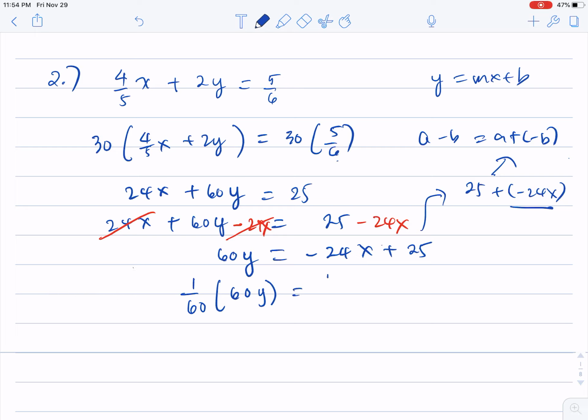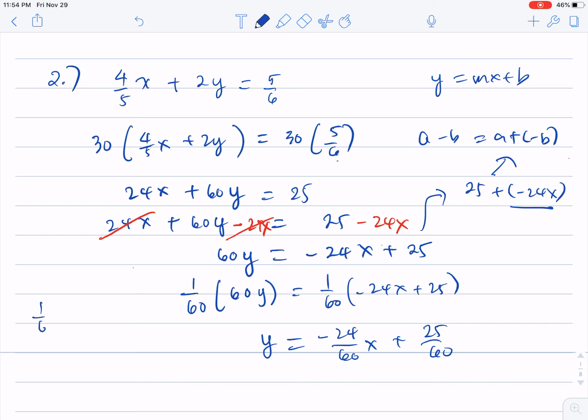So, this is equal to 1/60th times negative 24x plus 25. So, ang 1/60th times 60 is just 1, no? 1 times y is y.